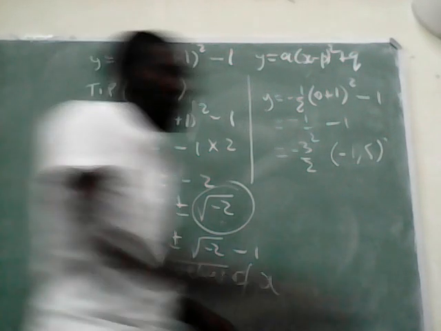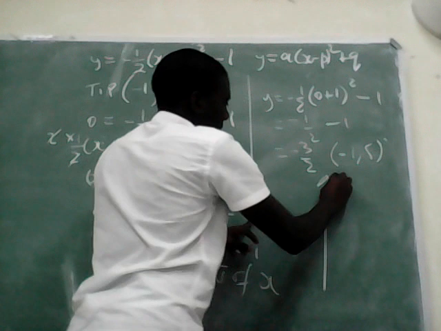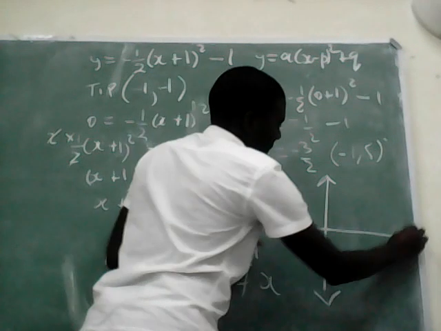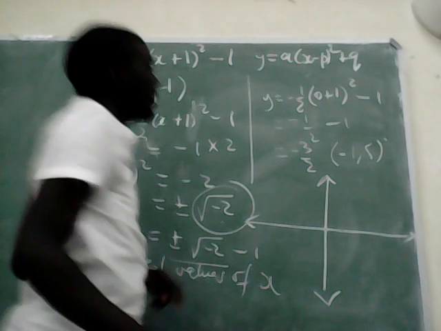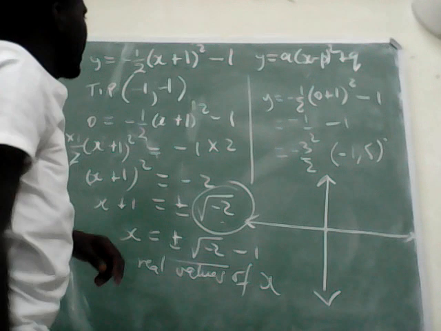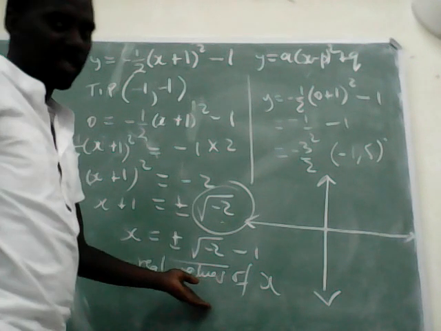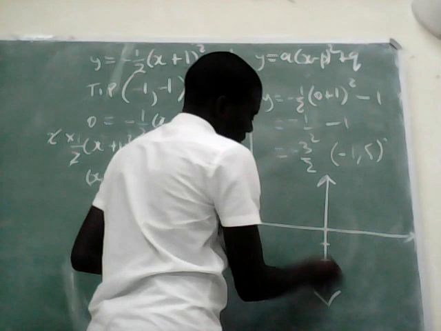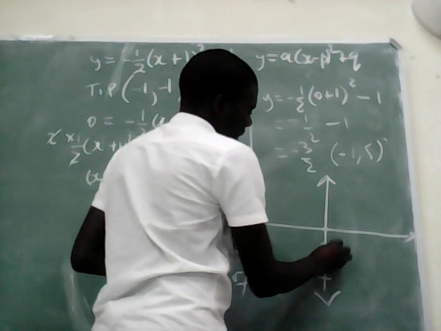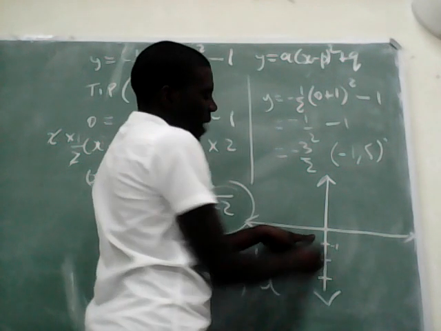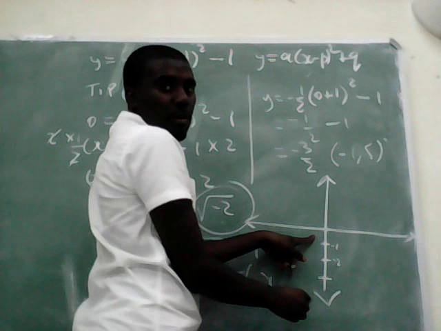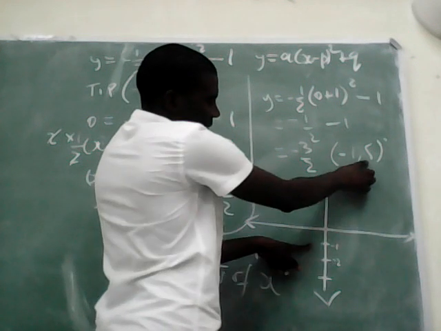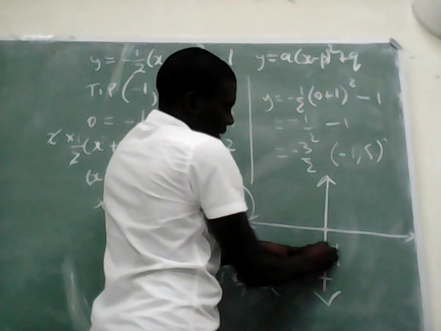Now let's see how we're going to draw this graph. The x-intercept, no x-intercept. The y-intercept, 1, 2, 3, minus 1 is here. So minus 1, minus 2, minus 1 and a half would be somewhere here.